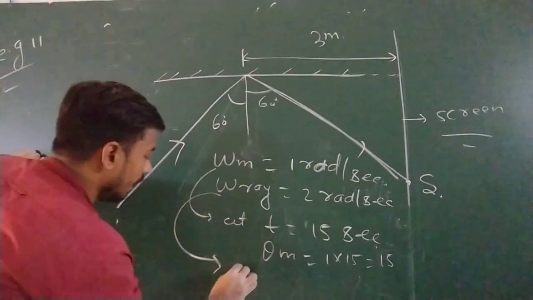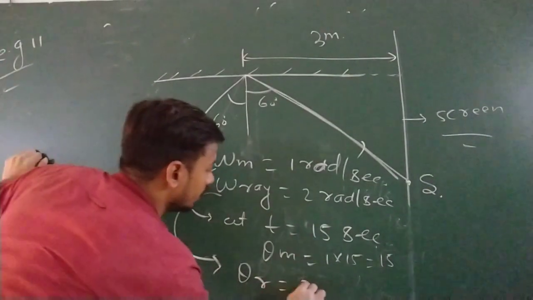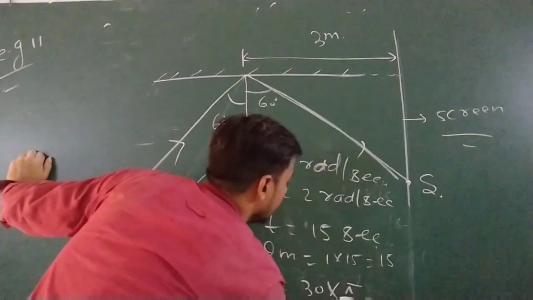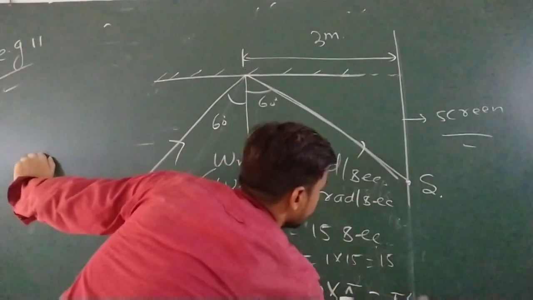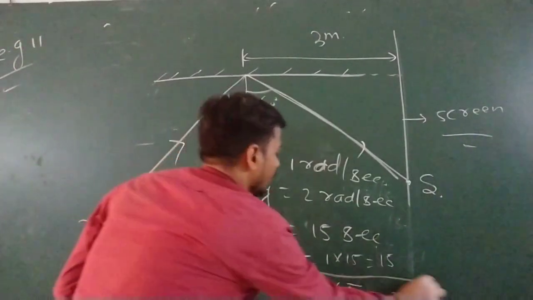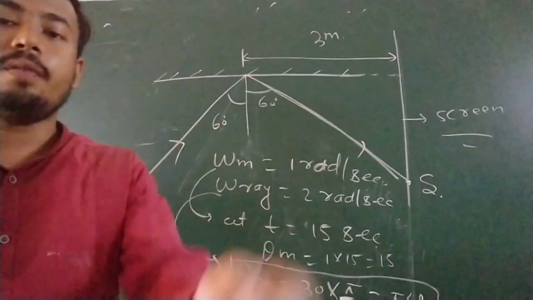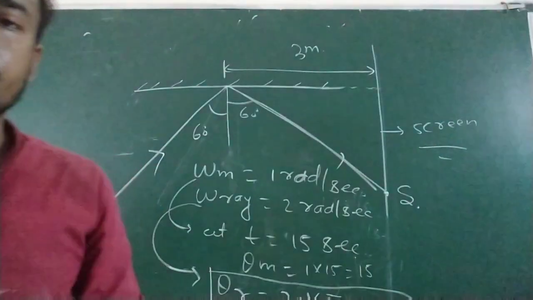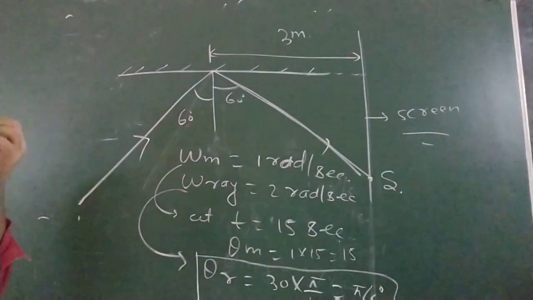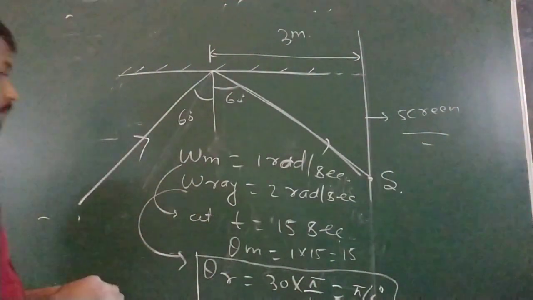So angle rotated by ray, theta r becomes 30 radian, or in degrees, pi by 180, so pi by 6. It means the ray will rotate by pi by 6 degree. Yeah, ray will rotate by pi by 6 degree.